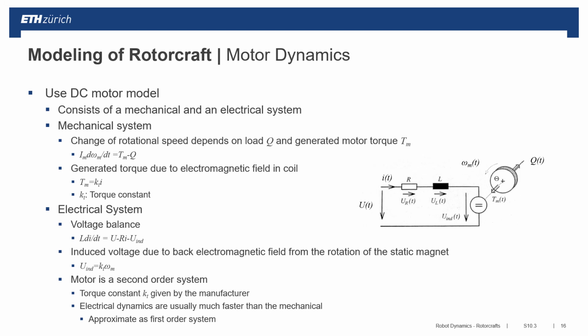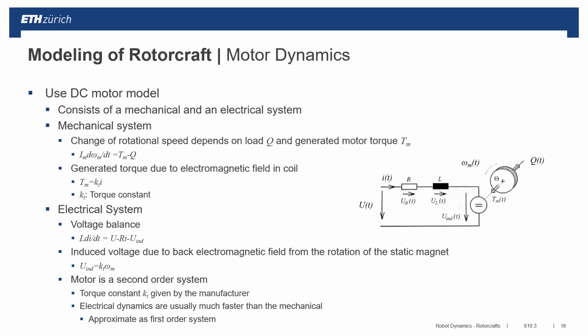In the case of the rotor, the forces acting on the motor are on one side the motor torque generated by the motor, and on the other side the load, which is the counterforce from the propeller. The generated torque due to the electromagnetic field in the coil is typically calculated by the current multiplied by the torque constant, and the torque constant is dependent on the motor and typically given by the manufacturer.